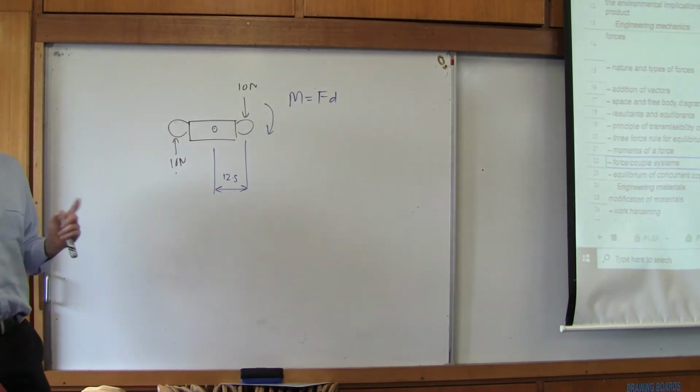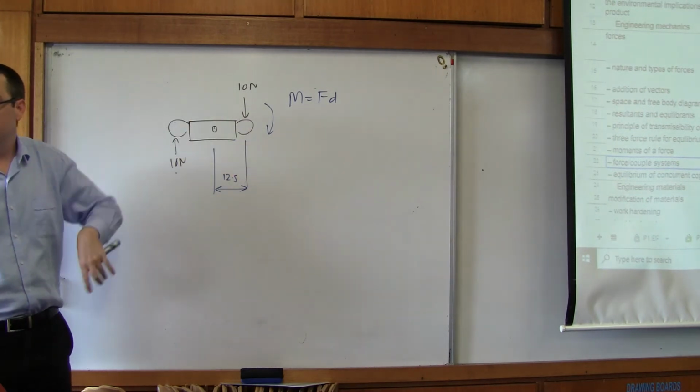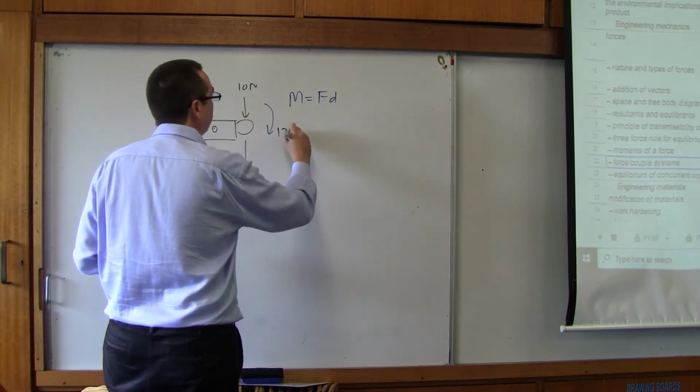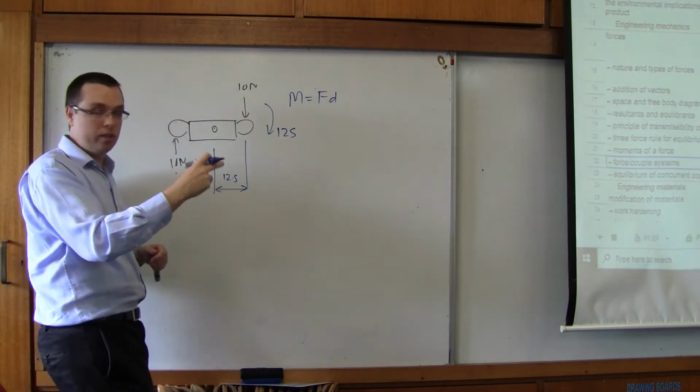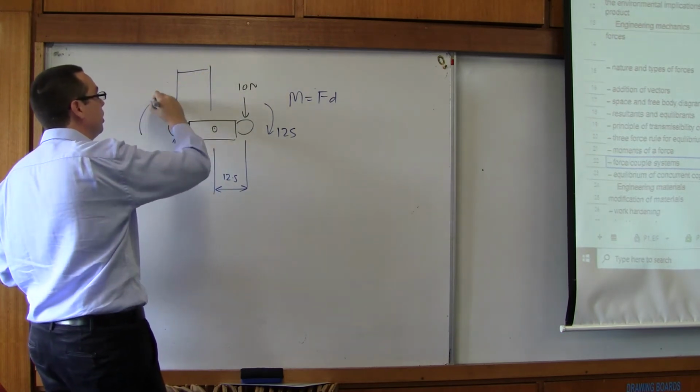Together they are, but this side here, just look at this force for the moment. Yeah, 125. So this is going to be 125, and that's going clockwise. What about this side? Excellent, and it's also going clockwise.